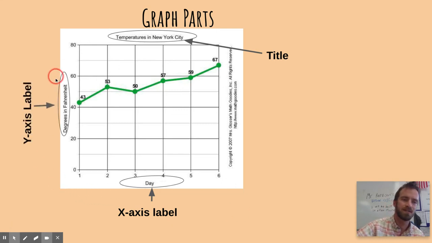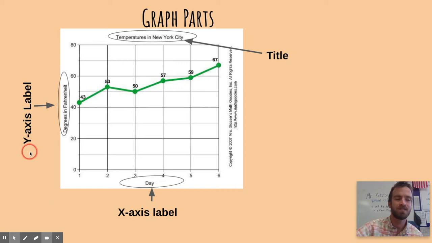This is the y-axis label. It's temperature. It's degrees in Fahrenheit. You'll notice that it says degrees, representing a temperature, and it says the units, Fahrenheit, as opposed to Celsius or Kelvin or whatever you might want to use. So it has the units there, and it's labeled, and oftentimes it's flipped up sideways so it fits nicely.